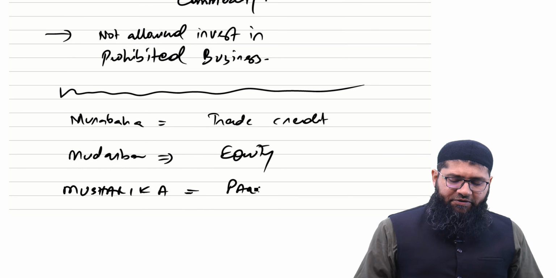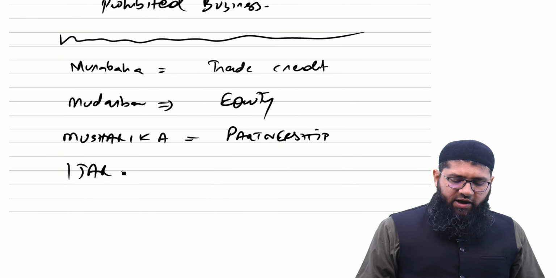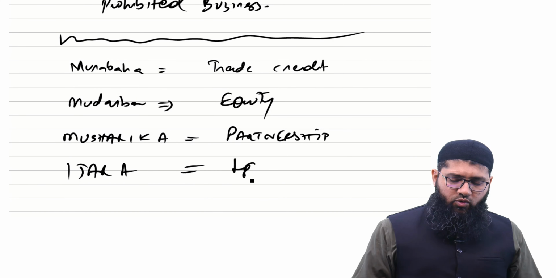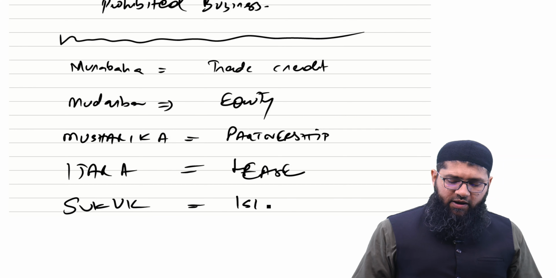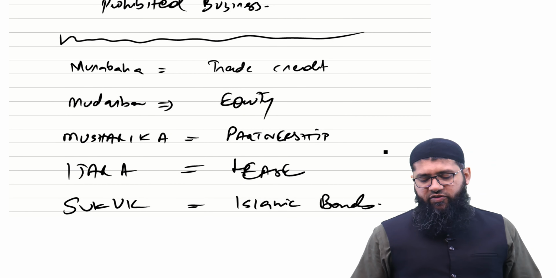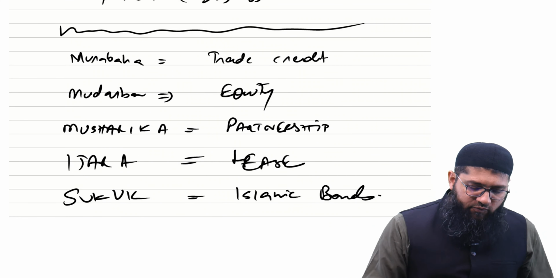It's just like entering into a partnership. One of them is Ijara. It's just like entering into a lease agreement. And last is Sukuk. You could say they are Islamic bonds. Now, let me guide you through each one of them, one by one, to see what exactly they are.